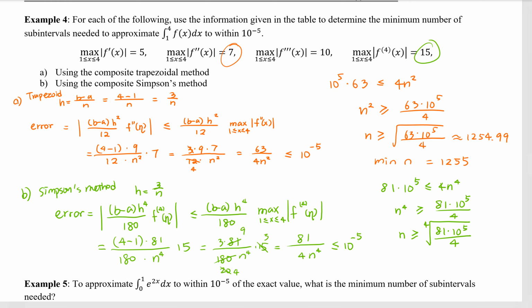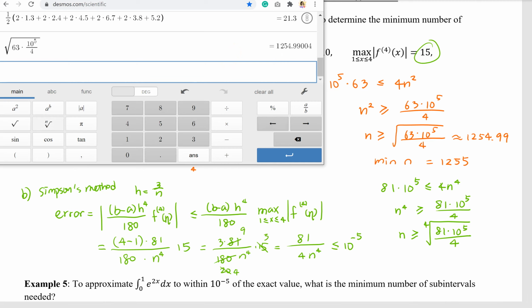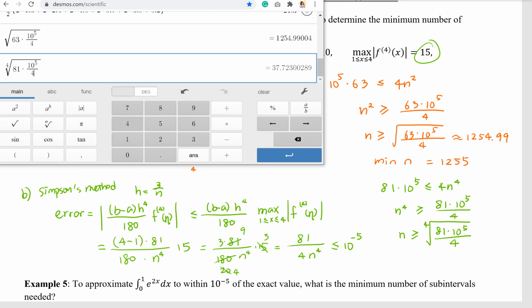Now let's see, what is this number? The 4th root of 81 times 10 to the 5th divided by 4. Okay, so the answer is 37.72.